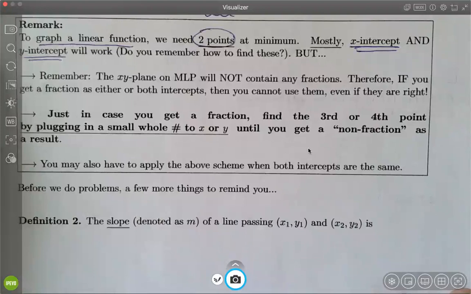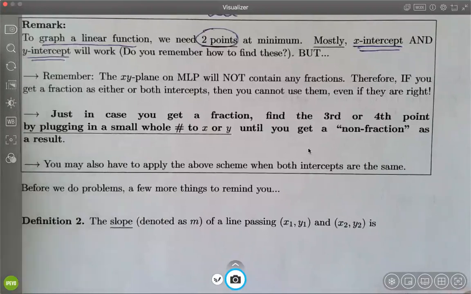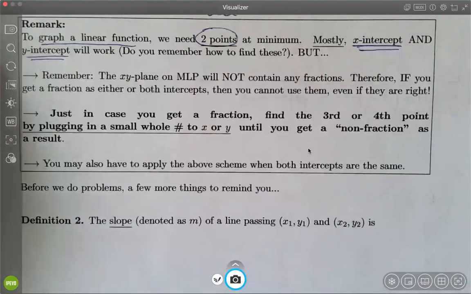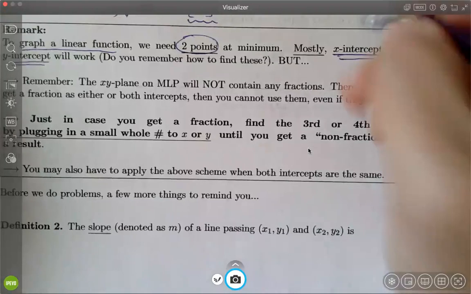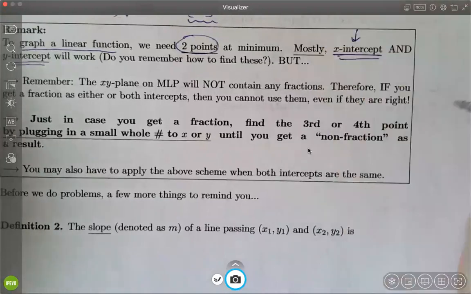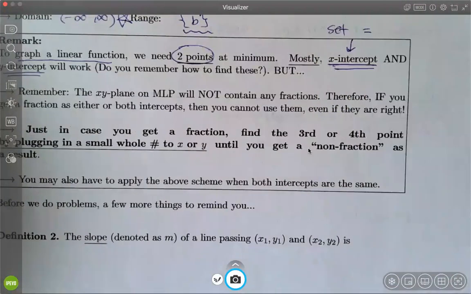Now, do you remember how to find these intercepts? For the x-intercept, how do you find it? Set what equal to what?